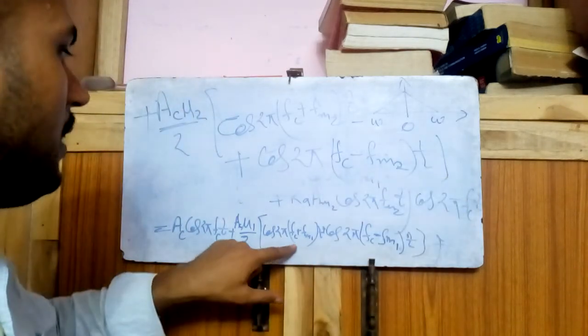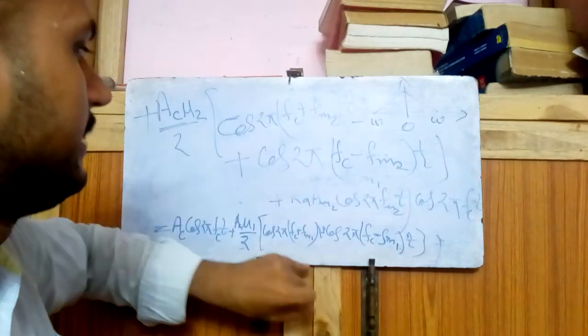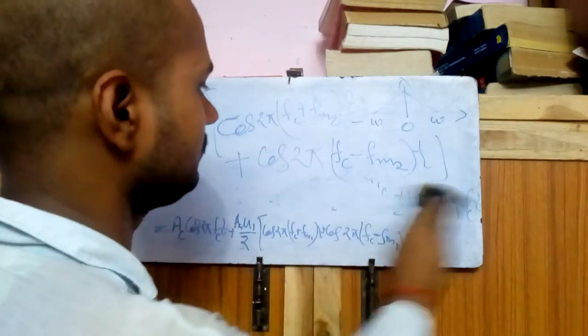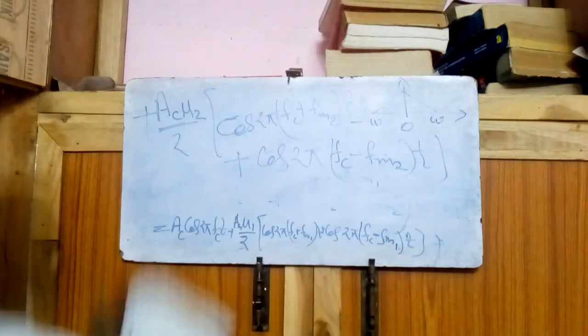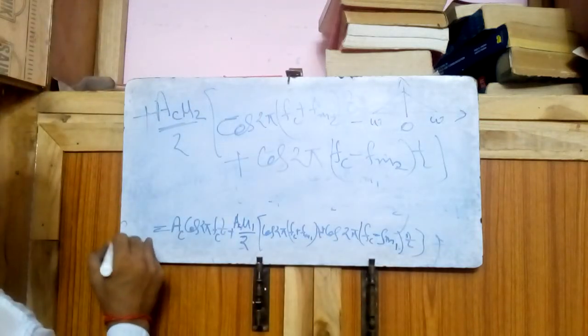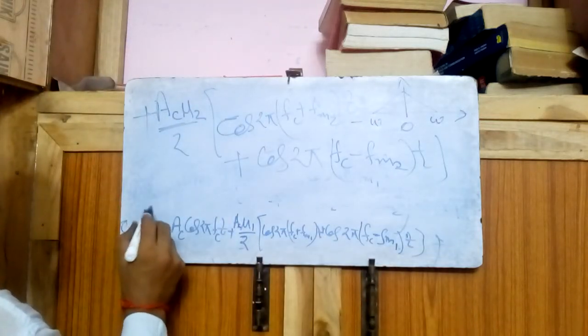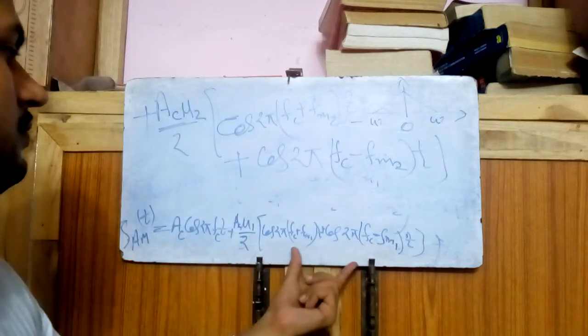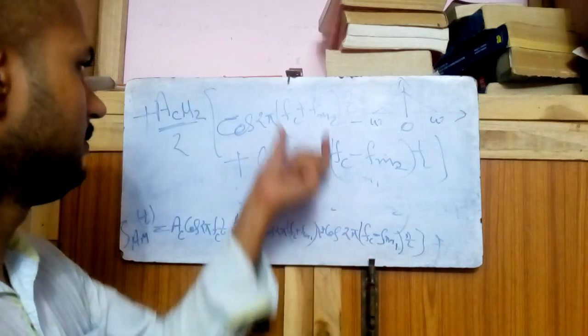So two upper side bands and two lower side bands. This is the general expression of s_AM(t) for a multitone signal: carrier, then side bands.